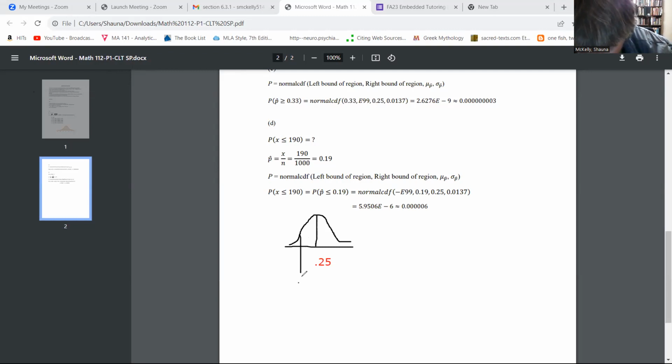I drew it purposely a little further down so I could write and you could see it. This is 0.19. I'm looking at less. So I'm looking at this tail piece right here. So I'm looking at negative infinity, negative E99, 0.19, 0.25, and the 4 decimal, 0.0137.